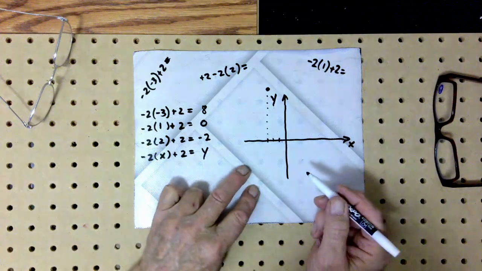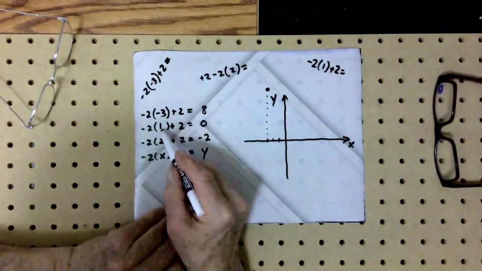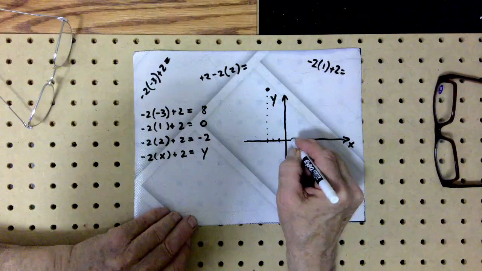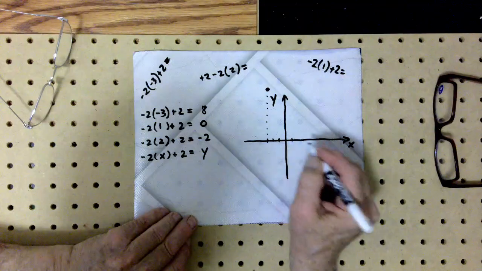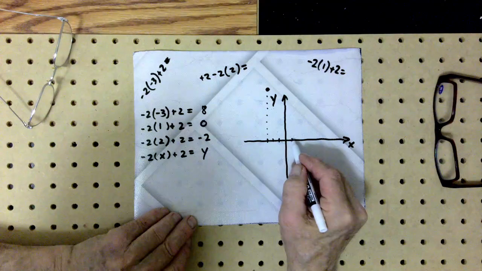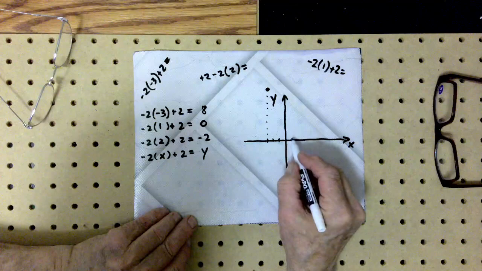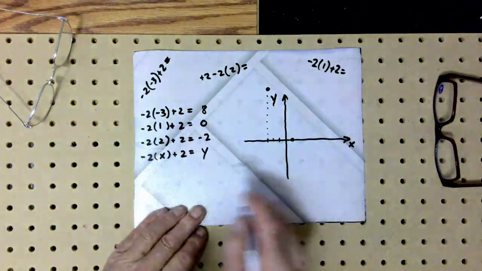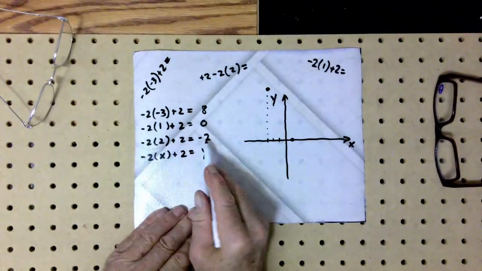Up around there. Okay? We also have when x is 1, y is 0. When we go over x is 1, right here, we go up to 0. It's not very far up. It's also not down. It's right here. Y is 0.